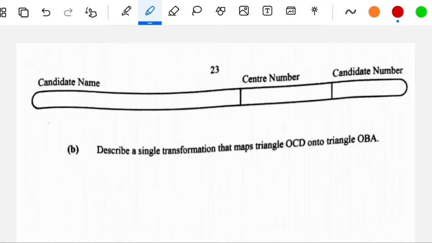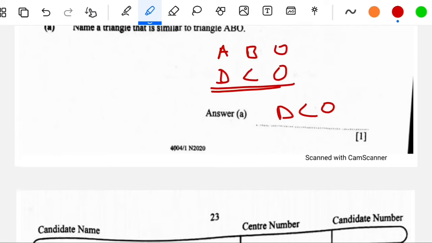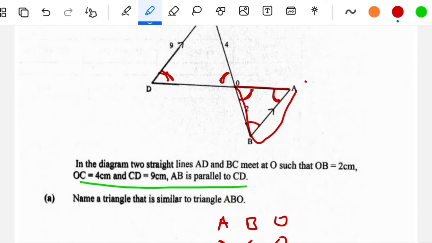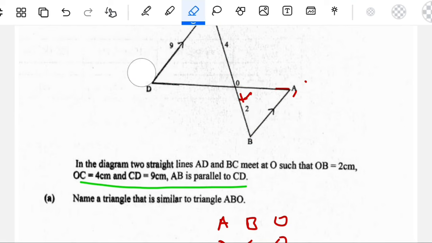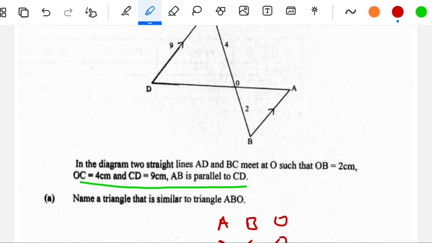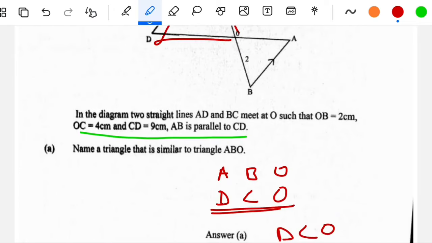Okay. Then B, describe a single transformation that maps O, C, D onto OBA. So let's check our OCD. Which one is OCD? Let me clear here. OCD is this one. This is our OCD.